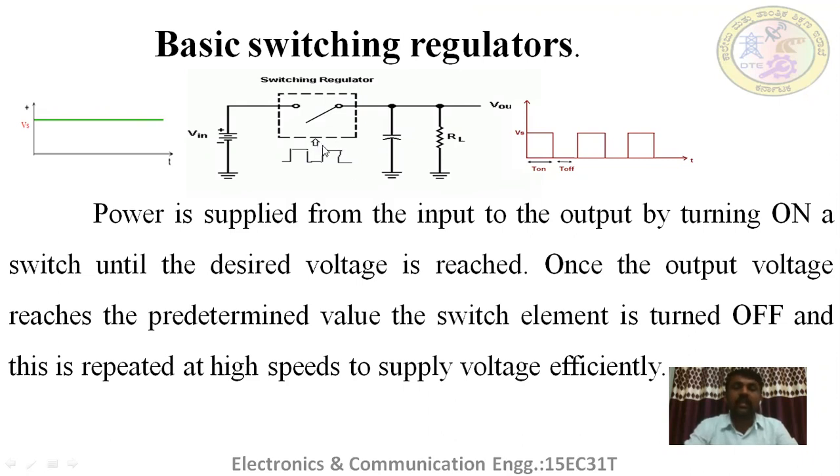And do you know how fast the switching action takes place? This switching happens thousands or more than thousands of times per second. Therefore, you can get almost input DC.